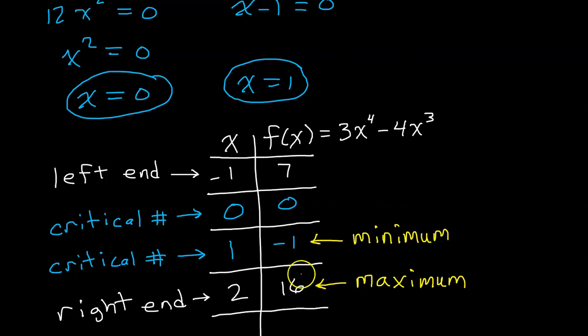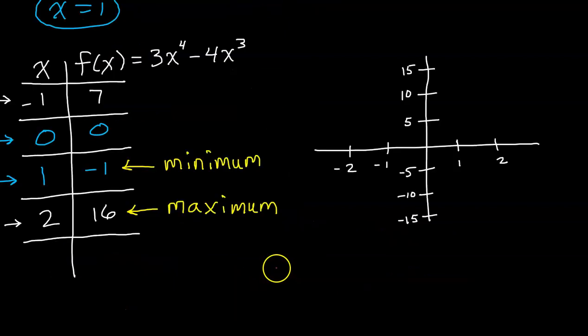These are the extrema. Let's see if we can use this information to make a rough sketch. So -1, 7 would be about here. 0, 0 is here. 1, -1 would just be about here. And 2, 16 would be up here. So the graph would look something like this.